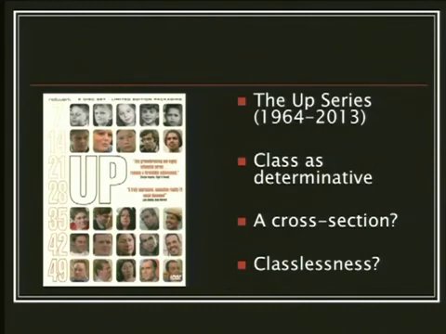Now, you'll already be aware that that cross-section that they took now looks a rather strange cross-section in terms of the British population. There's only one person of colour in the documentary series. There's pretty much a balance between men and women, and there's very few members of the so-called middle classes.